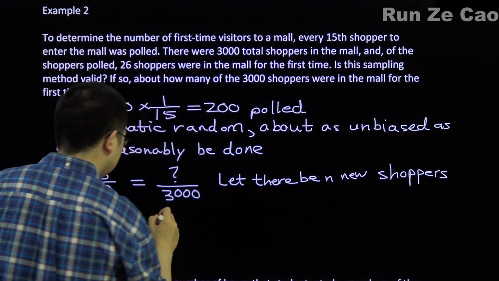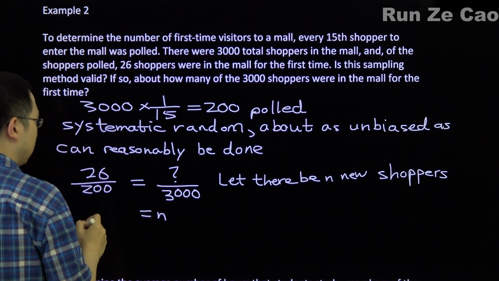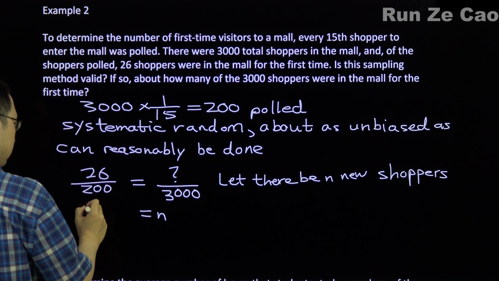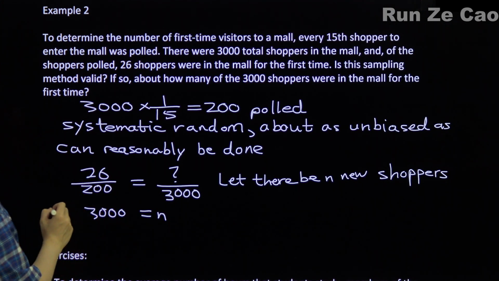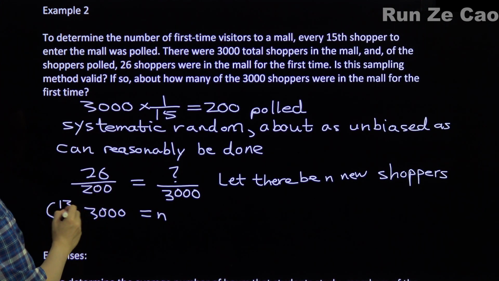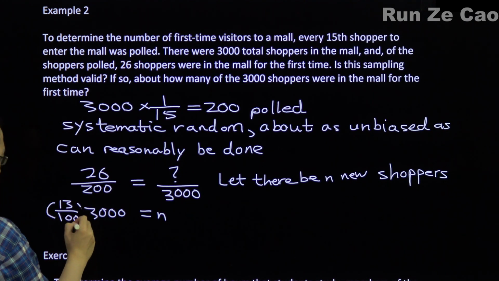This would rearrange to give you n is equal to 3,000 times 13 over 100.